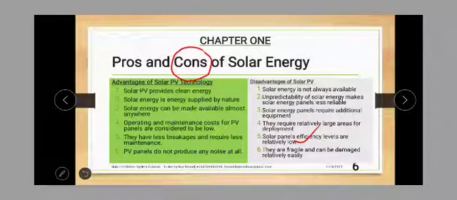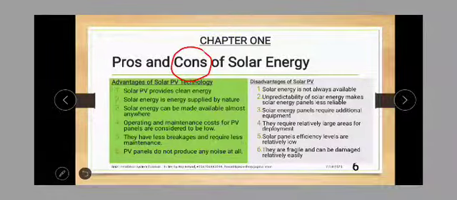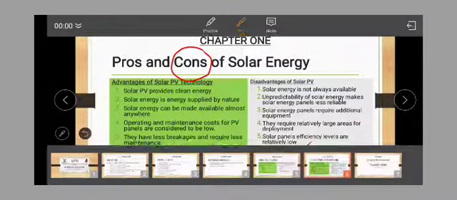When you compare the input and the output of this solar panel, the efficiency is in the range of 14% to 25%. This is minimal as compared to other sources of energy. And the last one, they are fragile and can be damaged relatively easily by external factors.